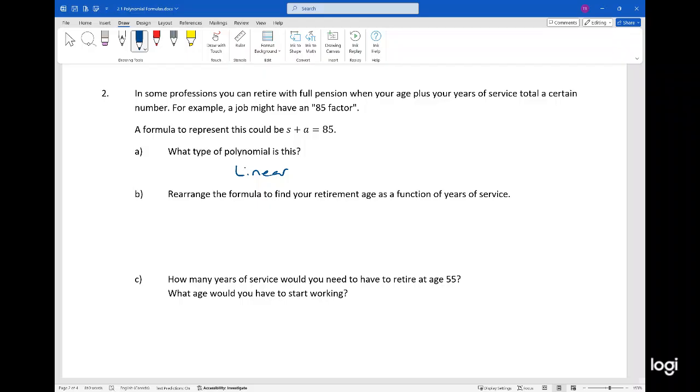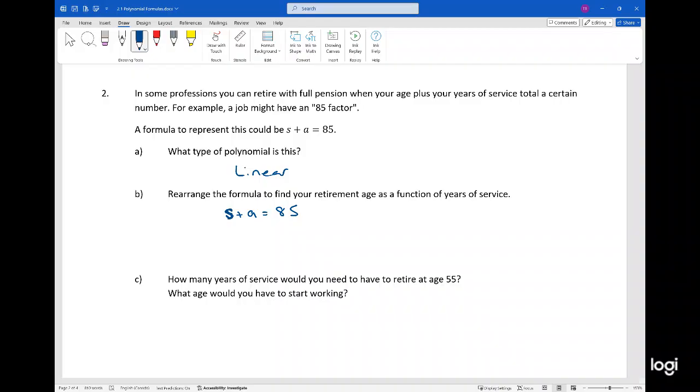So now we can choose to rearrange that formula to isolate either variable. In this case, we want to rearrange the formula to find the retirement age as a function of the years of service. So we want the A by itself. And I'm going to try very hard to make my S look like an S and not a 5, which is something I'm actually quite horrible at.